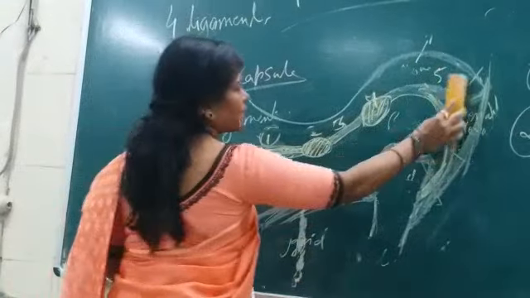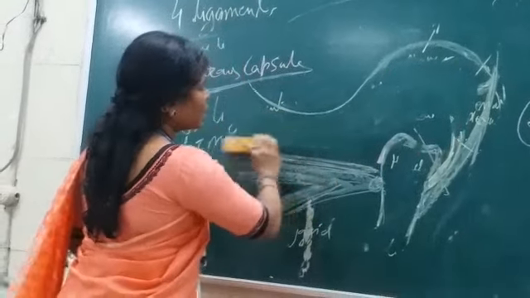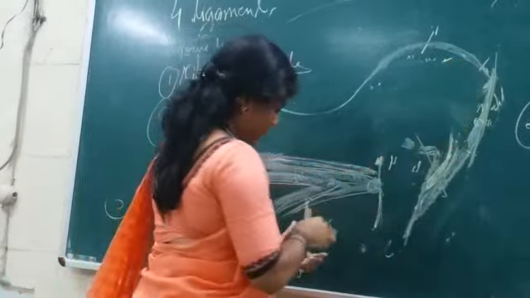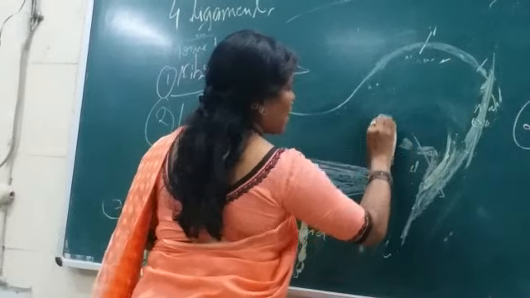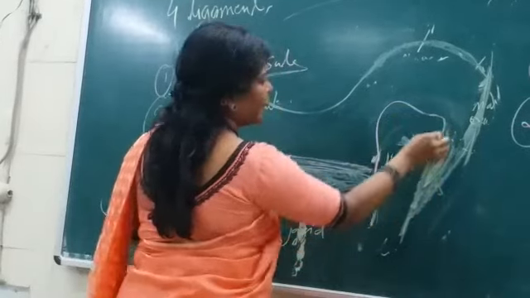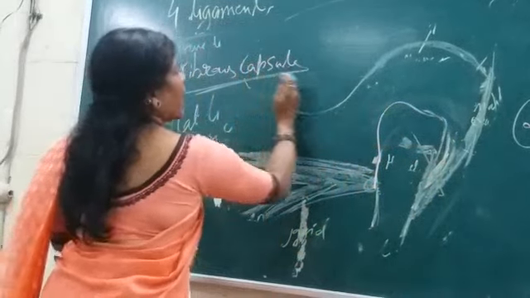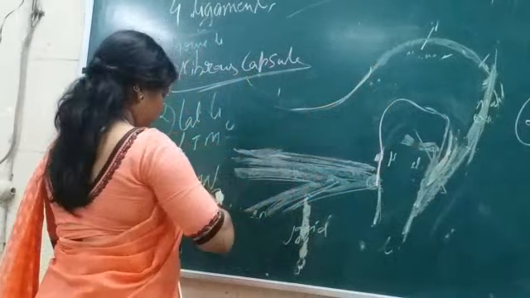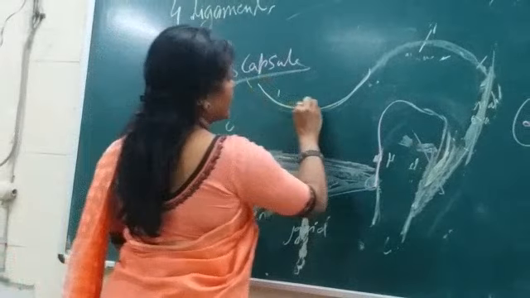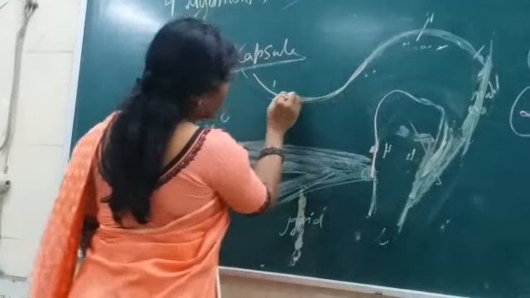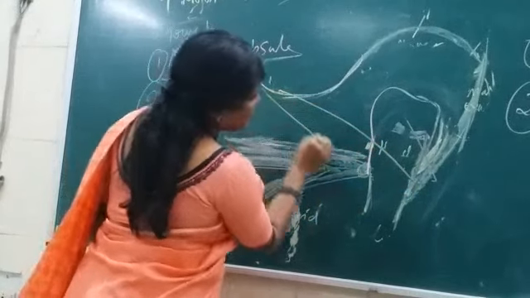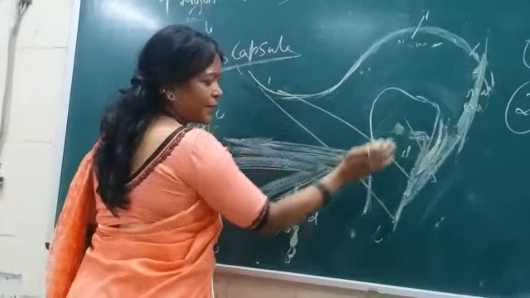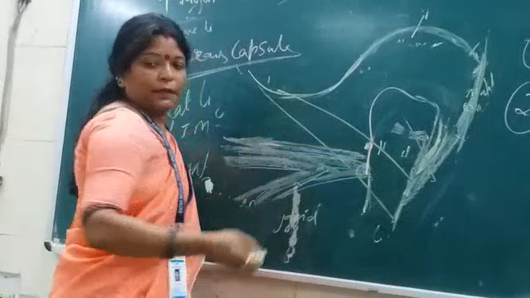I am rubbing this intra-articular disc here. Look. This is the head of the mandible. Here it is the articular eminence, or the root of the zygoma to the lateral side. This is the head, this is the neck of the mandible.